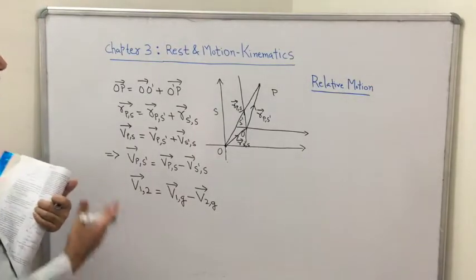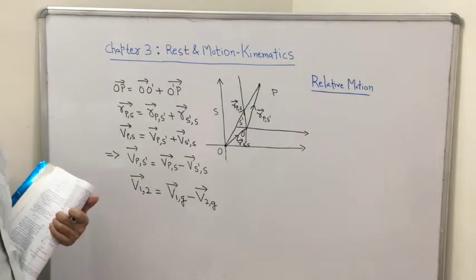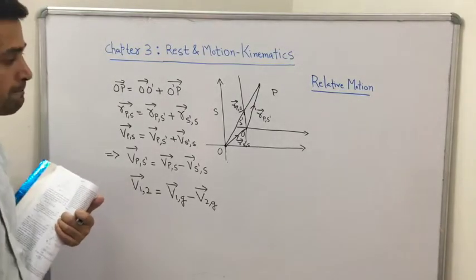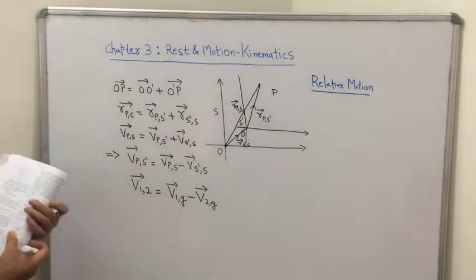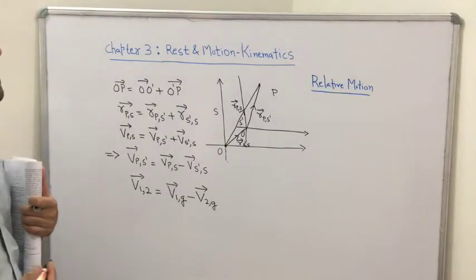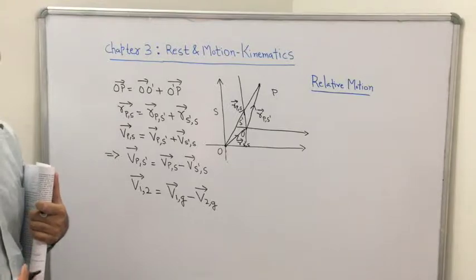Okay, so we have many problems based on this very important principle of relative motion or relative velocity. So let us try to understand this by understanding an example. Okay, so let's say my swimming velocity with respect to still water is 5 kilometers per hour.